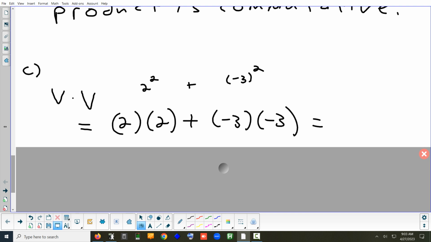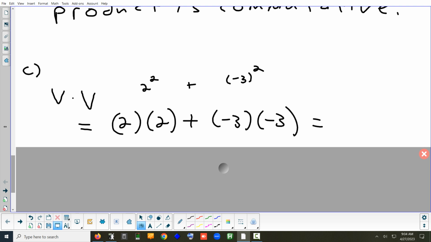Does that kind of look like something we did earlier in the week? Square the 2, square the -3. It's missing something, but it's almost like something we did earlier in the week. It's almost like the Pythagorean theorem. When you dot a vector with itself, you're basically doing the Pythagorean theorem, except there's one thing missing here. What's missing that we're not doing?